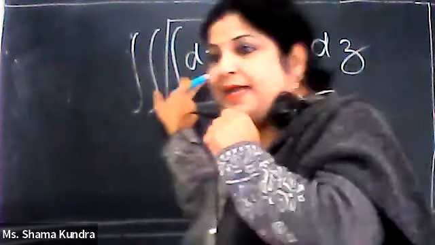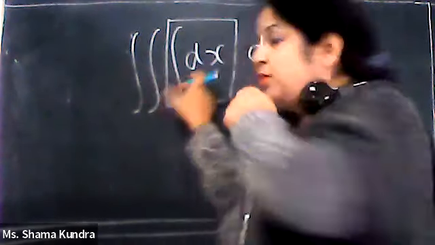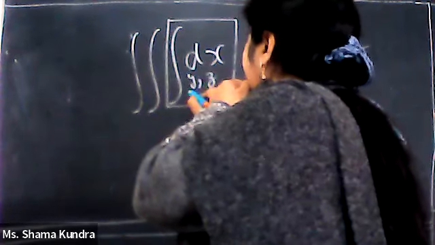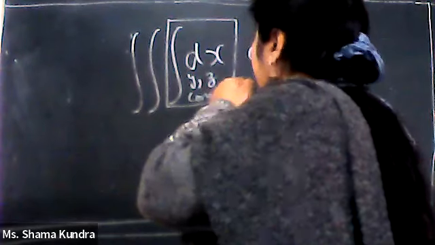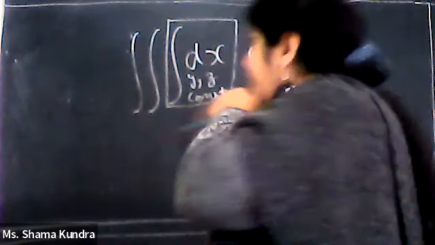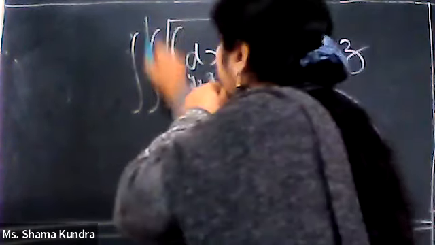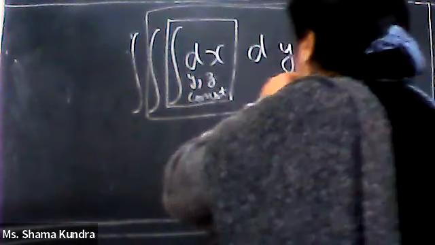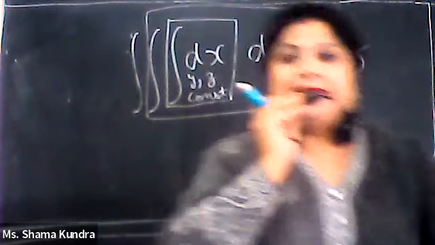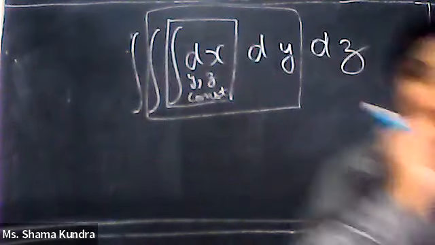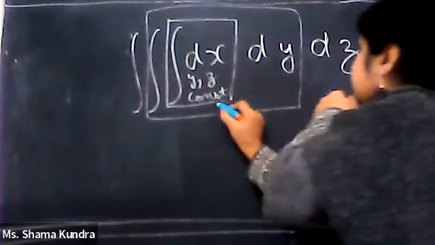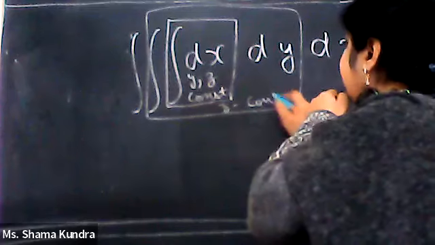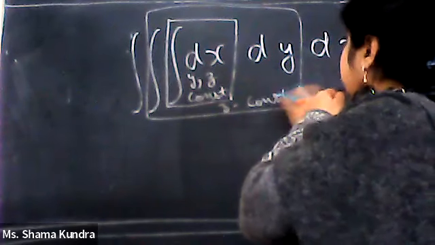When we integrate with respect to x, we have to keep y and z as constant. And then in the next integral, when we integrate with respect to y, we have to keep z as constant.